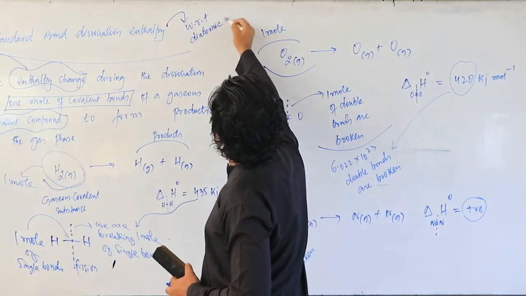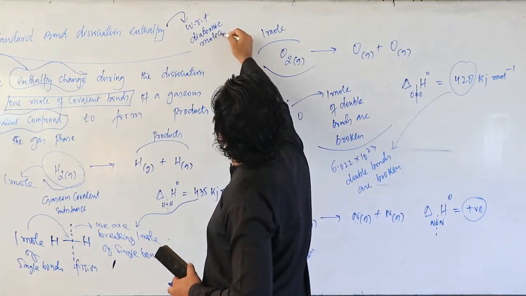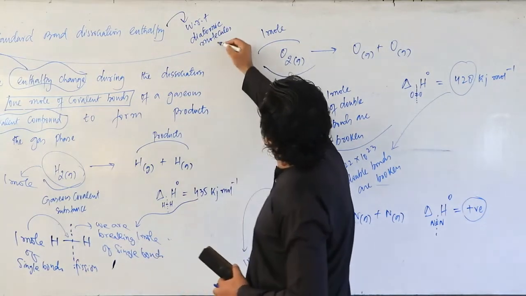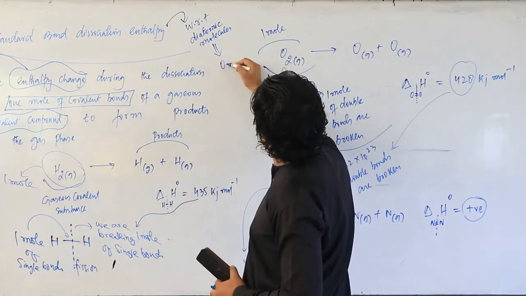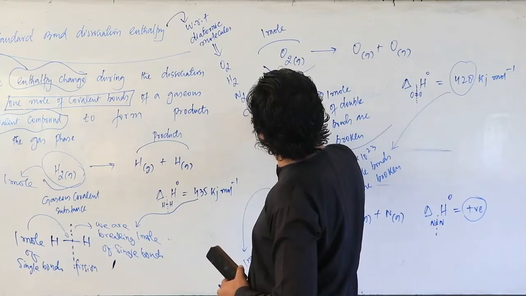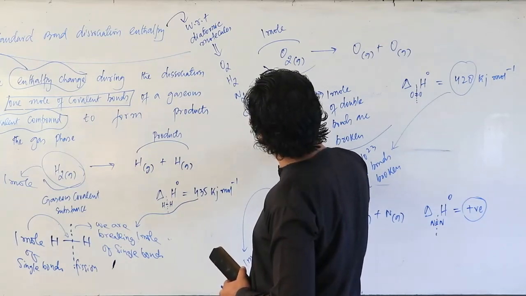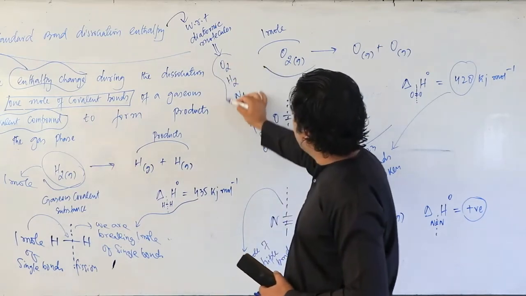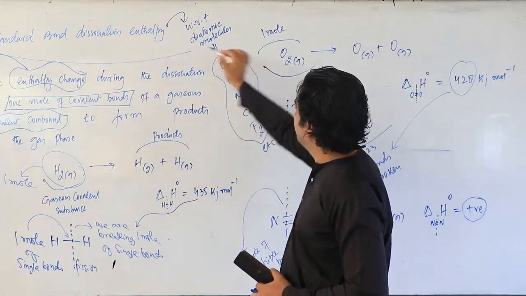And what are those diatomic molecules? You can take O2, H2, N2, Cl2, F2, etc. And you can break the bonds in these molecules.